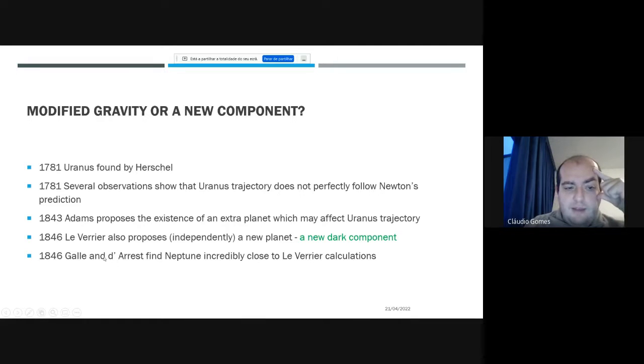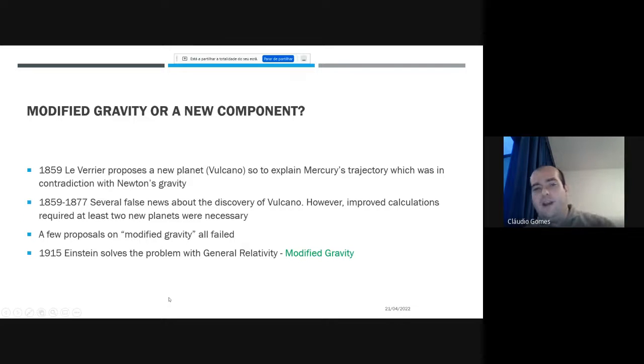And in the same year that Leverrier proposed this hypothesis, Galle and colleagues found Neptune incredibly close to Leverrier's calculations. So theoretical calculations really allowed the discovery of a real component. So it's no longer a dark component because it was identified as the planet Neptune. On the other hand, let's look into a different approach.